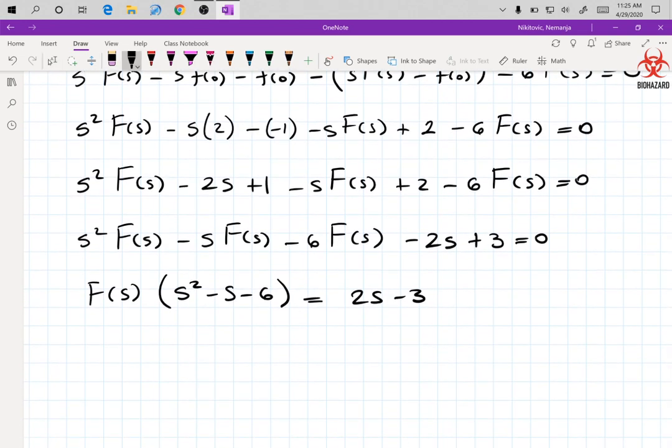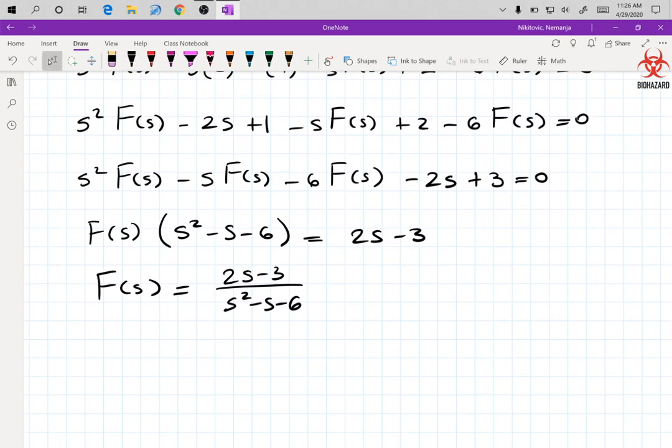And we are left with, hey, F of s, which is the transformation of the unknown F of t function, or I mean y, in this case, y of t. Your unknown transformation is 2s minus 3 over s squared minus s minus 6. So we need to solve for F of s, right?